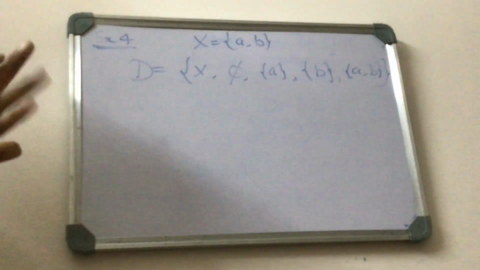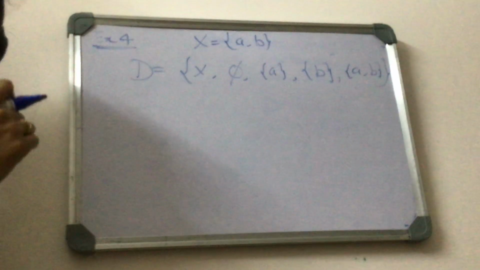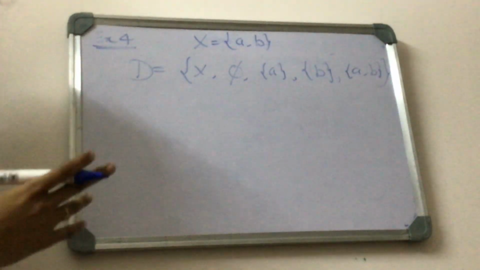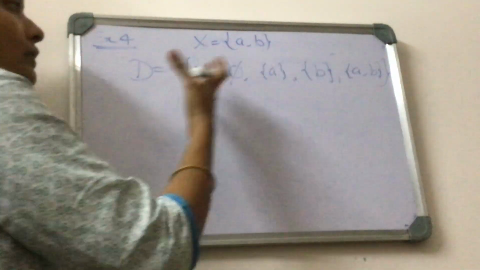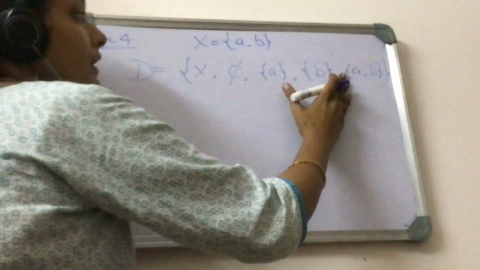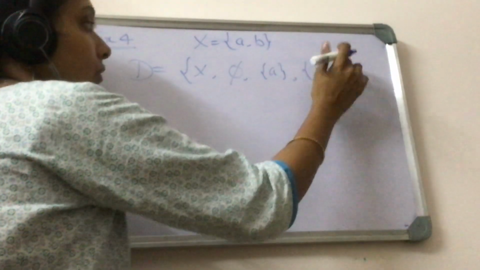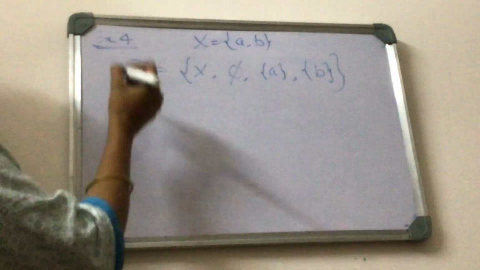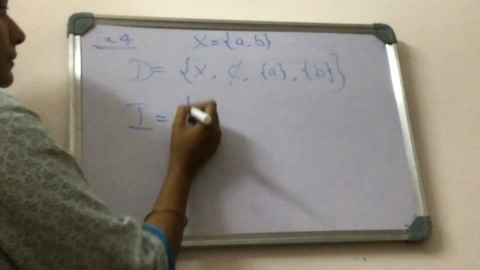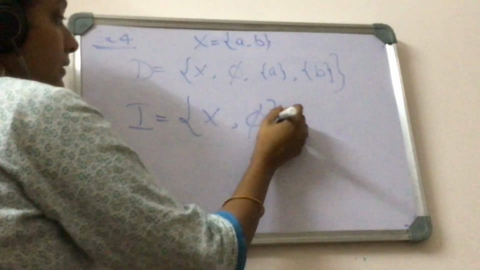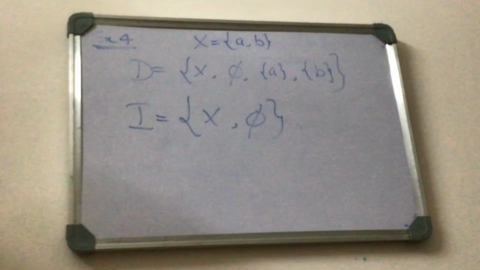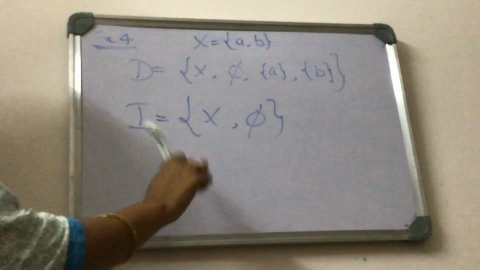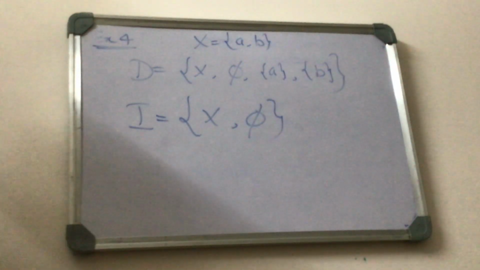A set is a well defined collection of distinct objects. Here X and {A, B} are the same, so writing it again is not a set. Okay, so this is discrete. Indiscrete is common for every set: for any set it is X, phi.